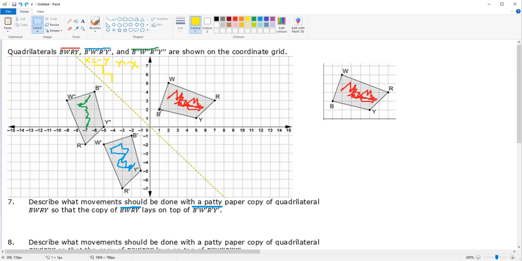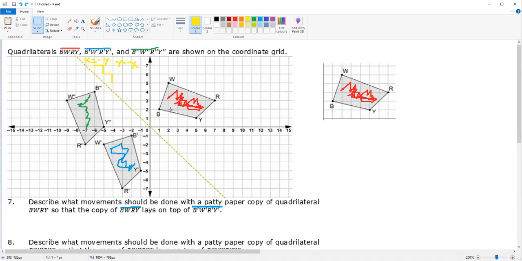I can verify that because it would be a negative x, negative y. My x is 1, my y is 2. My B prime would be negative 2 and negative 1, and it is. That's the relationship.